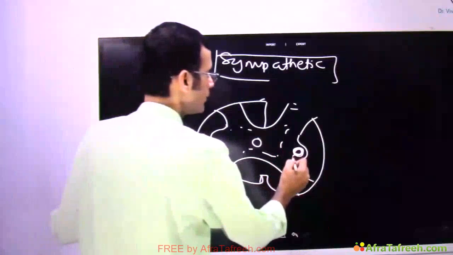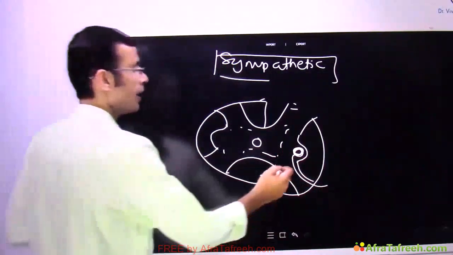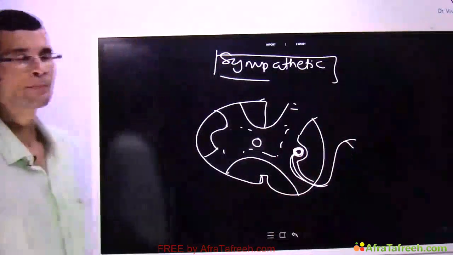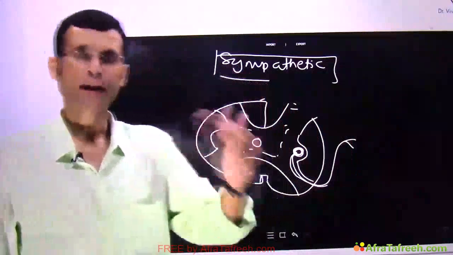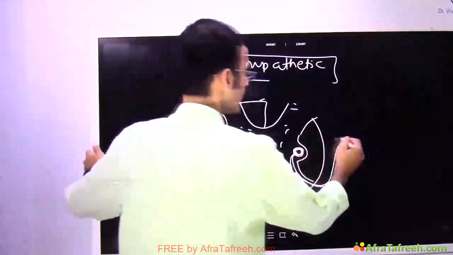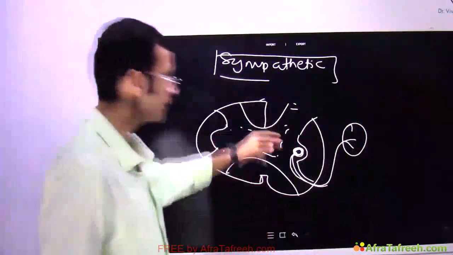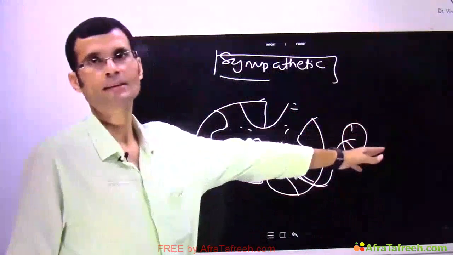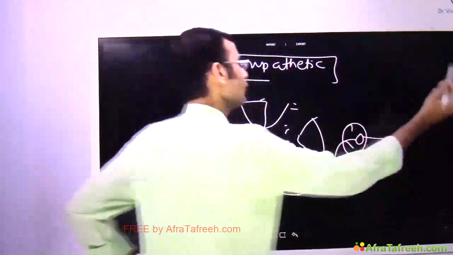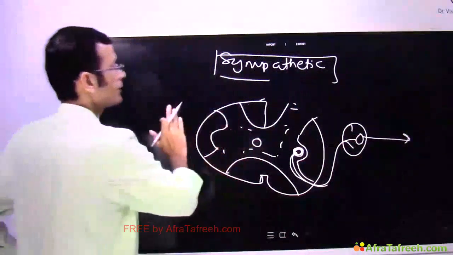The sympathetic nerve will emerge from these nerve cell bodies and come out. That's the origin of the sympathetic nerves: thoracolumbar outflow, and there are three cervical ganglia as well. For each thoracic and lumbar segment, as the sympathetic nerve comes out, it synapses in the ganglion. The ganglion is the relay station, and then the postganglionic nerve will go to the organs. That's the sympathetic division.